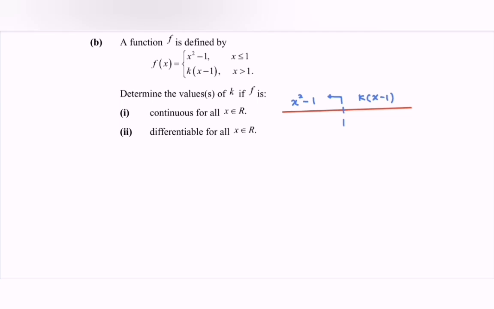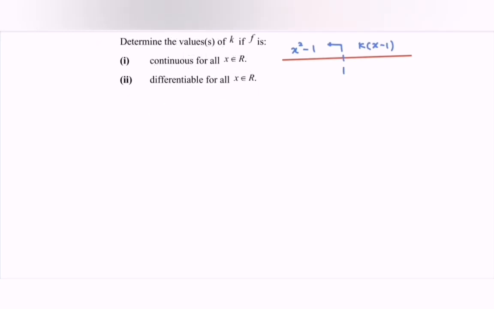Determine the value of k if f is, number 1, continuous for all values of x, and number 2, differentiable for all values of x. So number 1, continuous for all values of x. Since it is continuous, the limit when x approaches 1 from the left for the function x squared minus 1 is equal to the limit when x approaches 1 from the right for the function k times x minus 1.